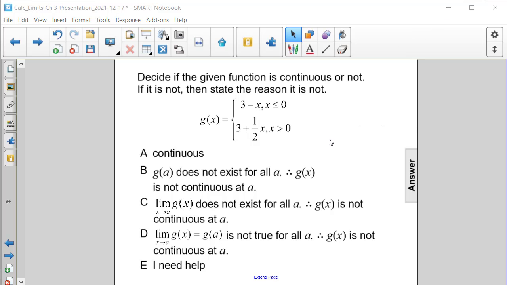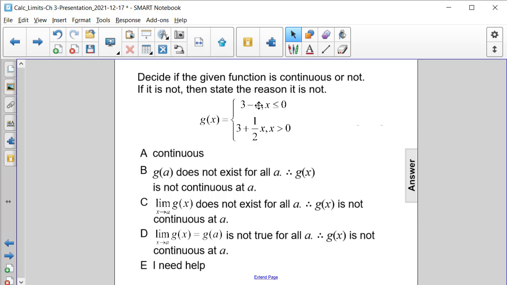So does g of x exist for all x values within the domain? Or does g of a exist for all a values? Well, the only point that we really have to examine is at 0.